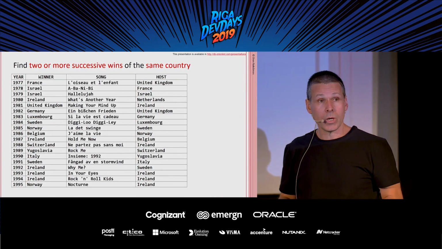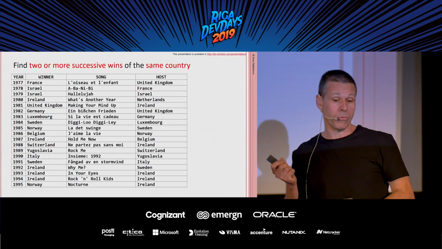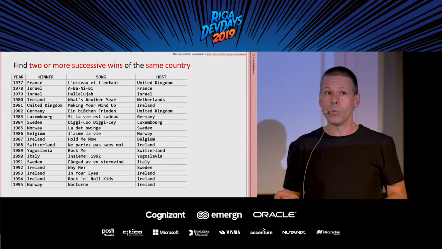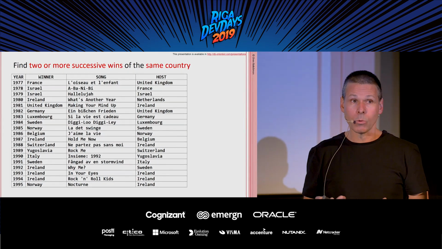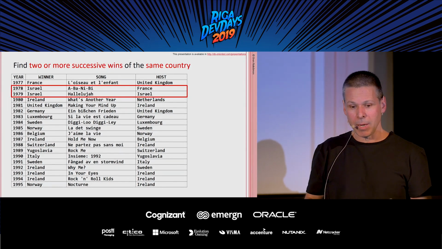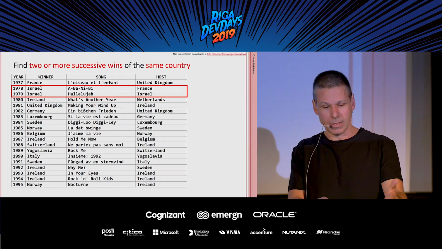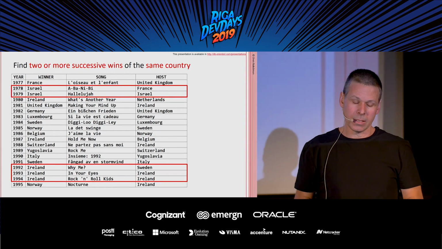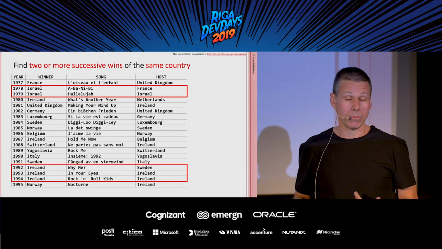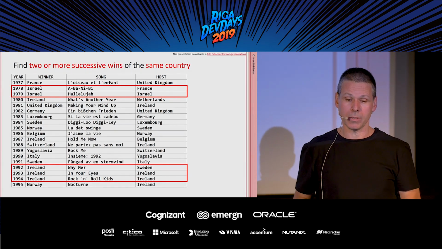A more interesting question can be like this one. Find 2 or more successive wins of the same country. I don't know which country. I want the query to find it for me. I expect it to find these 2 successive wins of Israel and these 3 of Ireland, but I don't know it. I want the query to find it.